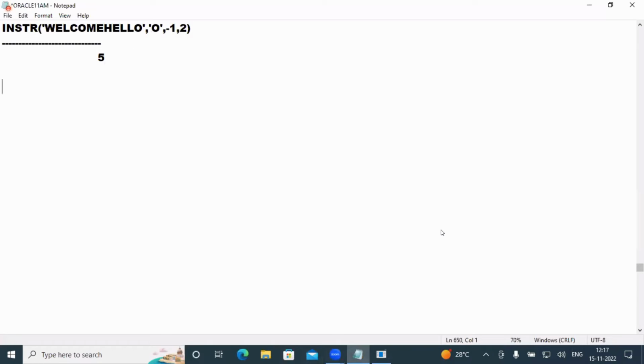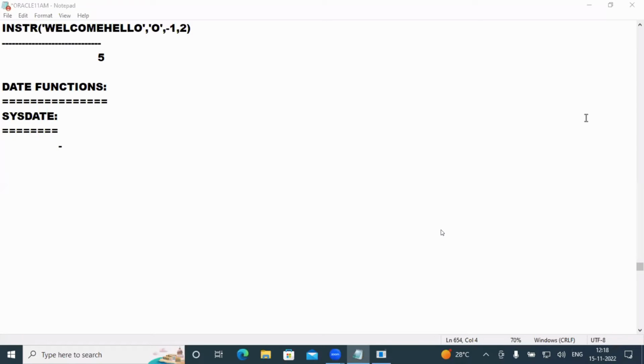Next one is called date functions. In this date function, first one is called sysdate. What does it return to us?